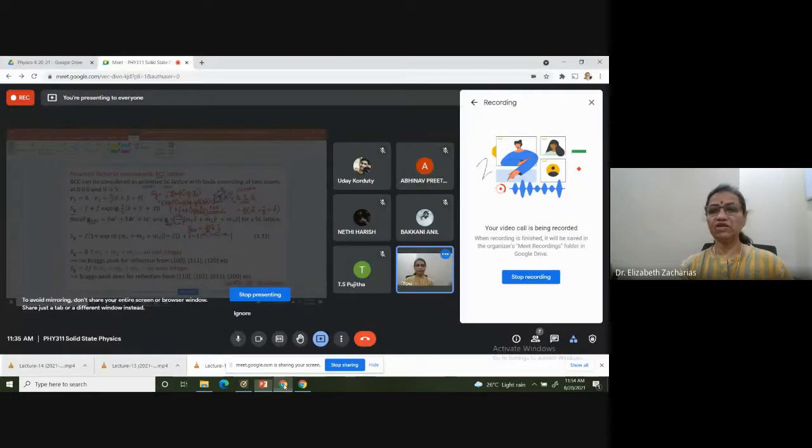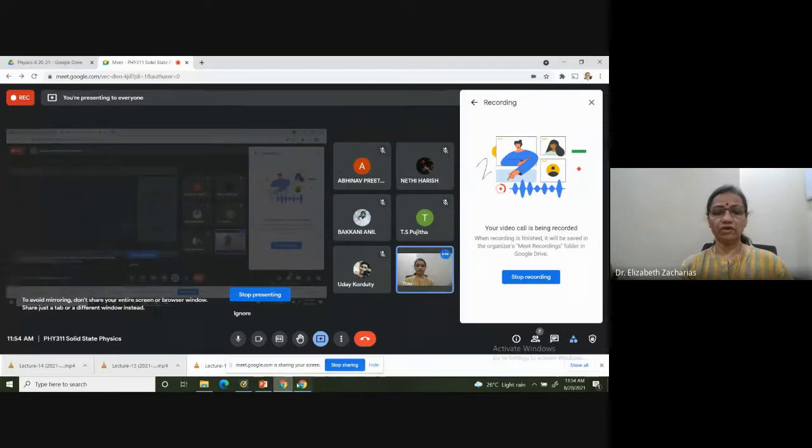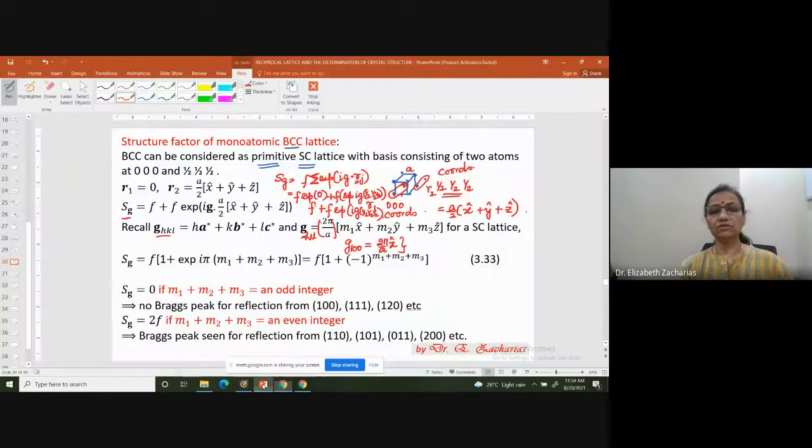I hope I'm getting the name right. Abhinav, sorry. Abhinav, do you remember this? G100 could be written as 2 pi by A x cap for simple cubic. So just extend this, you will be able to see how I got this equation.